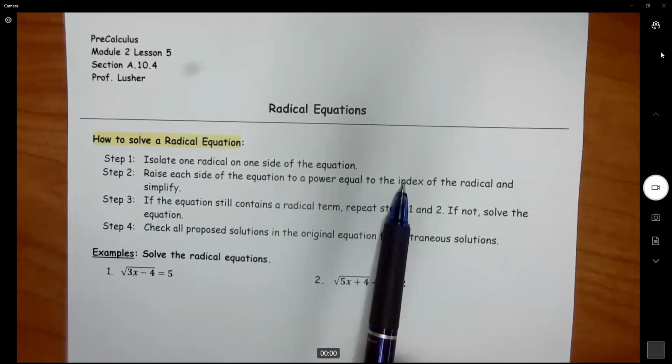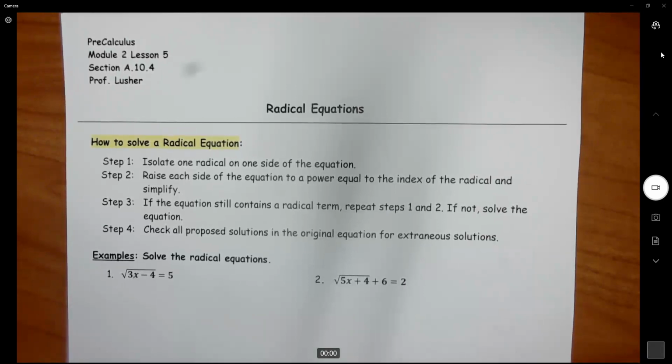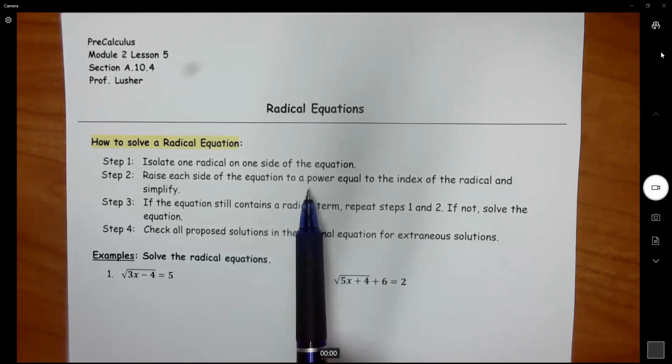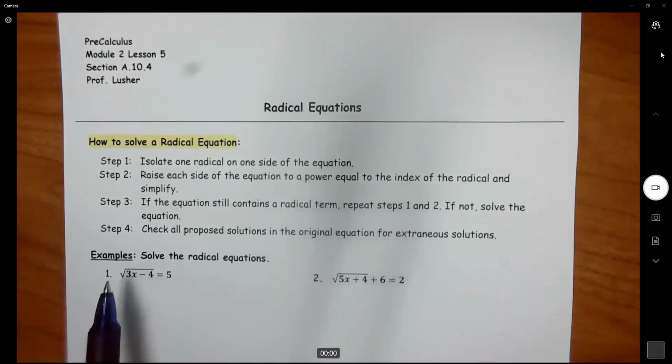But if I had a cubic root, then to undo it you would have to cube both sides. If you had a 4th root, you'd have to take both sides to the 4th power. That's what it means by taking the power equal to the index, but we will only have square roots, so we'll be squaring everything.